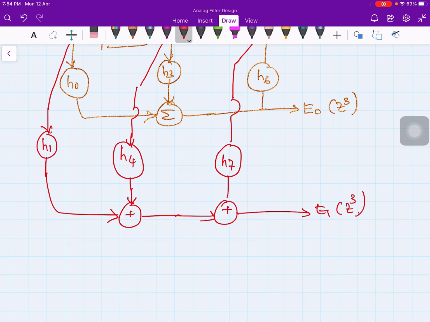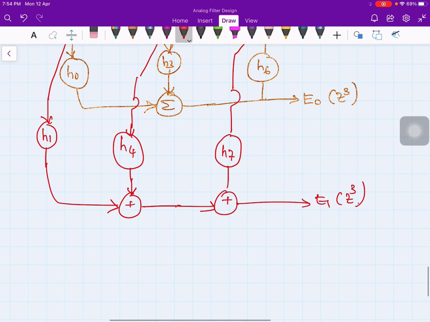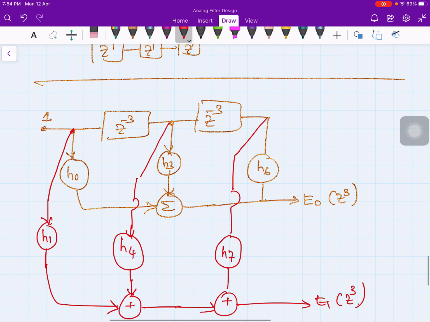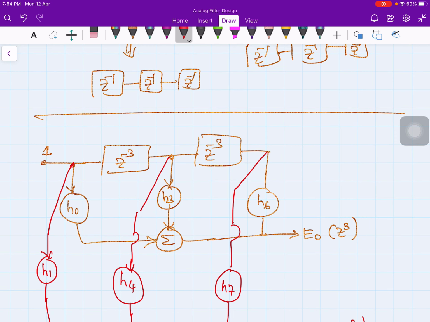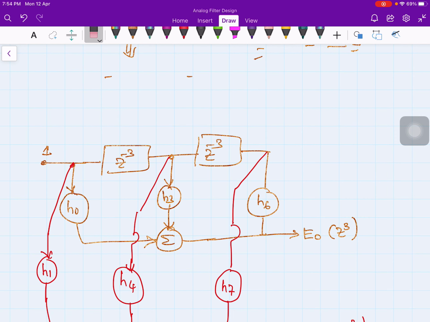And then if you look at E2, let me redraw the diagram again. I need some space. Okay, so in this case, this one is h2, and here h5.